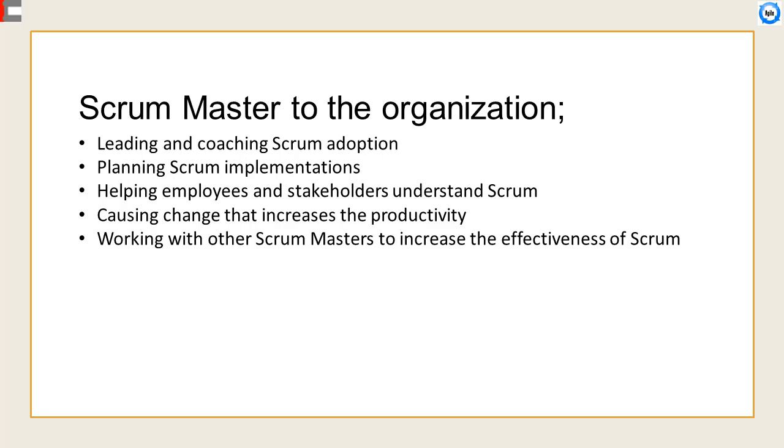The Scrum Master also serves the organization in several ways, including leading and coaching the organization in its Scrum adoption, planning Scrum implementations within the organization, helping employees and stakeholders understand and enact Scrum and empirical product development, causing change that increases the productivity of the Scrum team, and working with other Scrum Masters to increase the effectiveness of the application of Scrum in the organization.